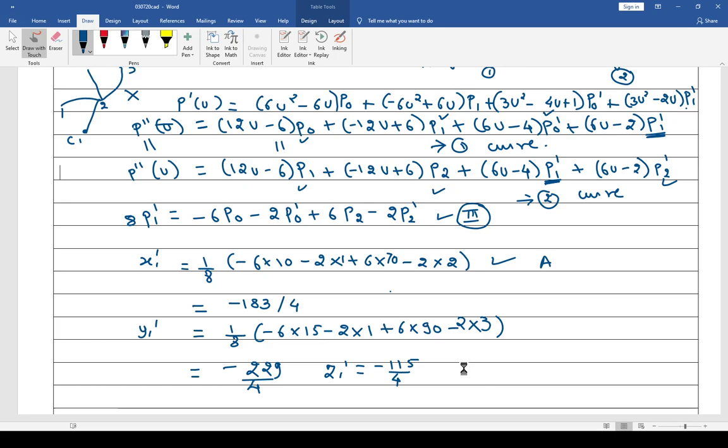So now what is the meaning is that now I know p1, p0, I know p0 dash, I know p1 which was given to you. I have just calculated p1 dash, which is these values 1, 2, 3. Okay, so if I know all 4 data, I can get the first Hermite curve.